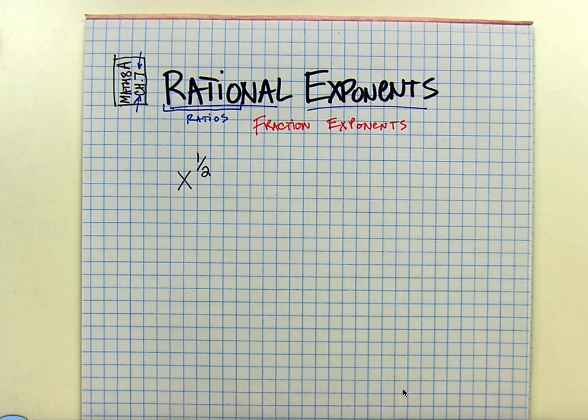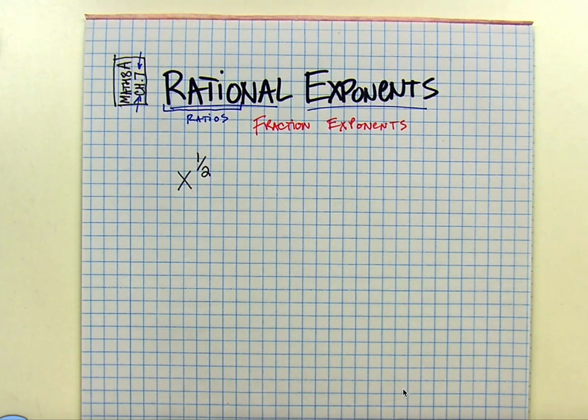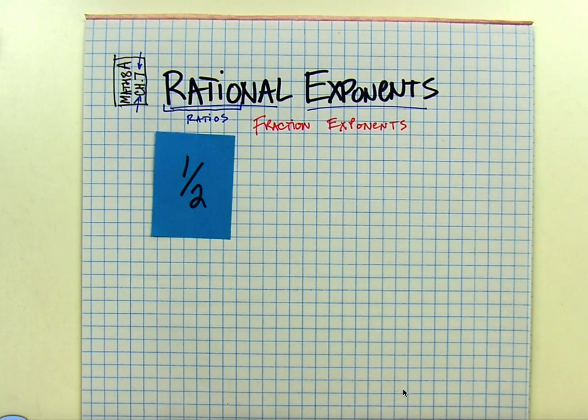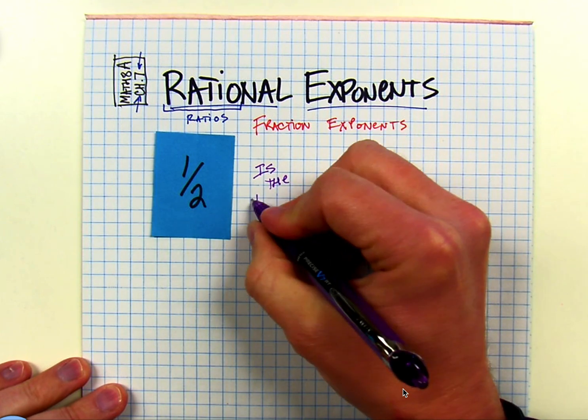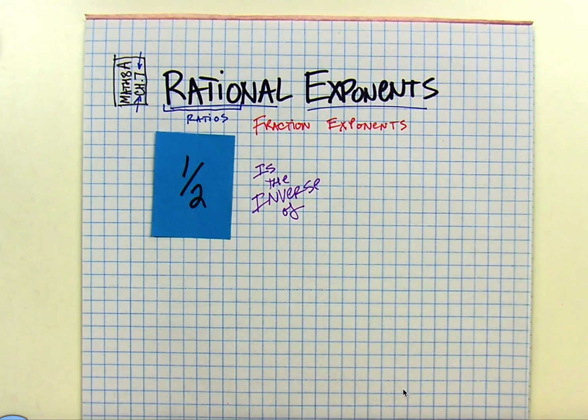Yes, you can. And in order to help us explore what a rational exponent, or a fraction exponent, means, I want to talk about, for a second, just the number 1/2 in the first place. The number 1/2 is the inverse of what? What's the inverse of 1/2?